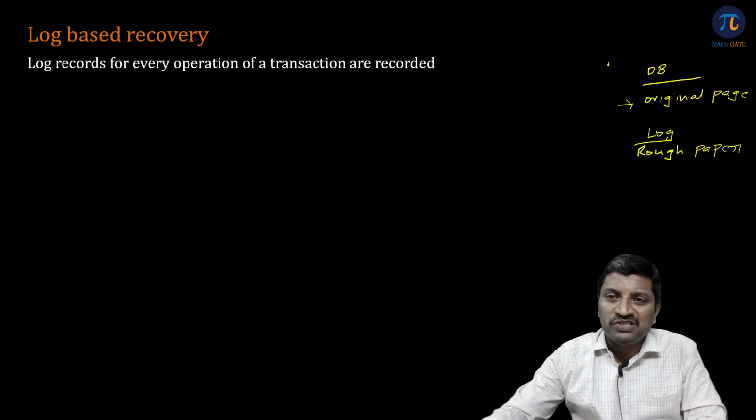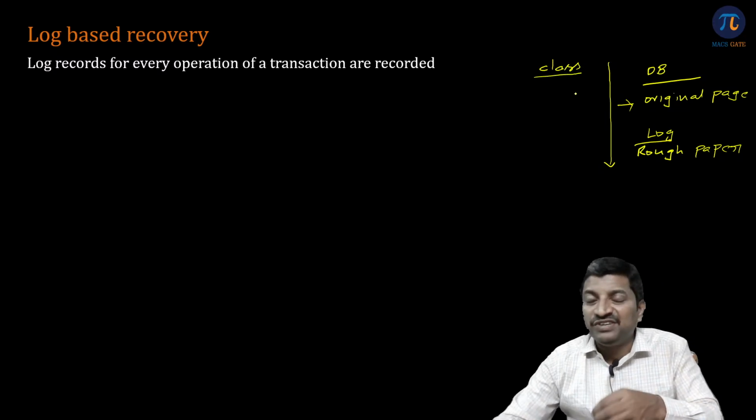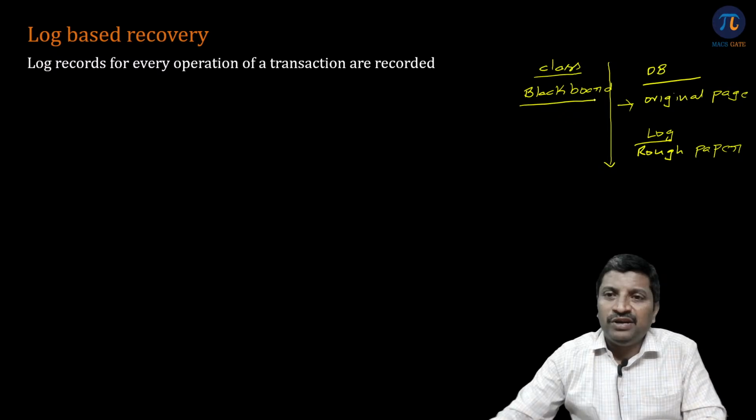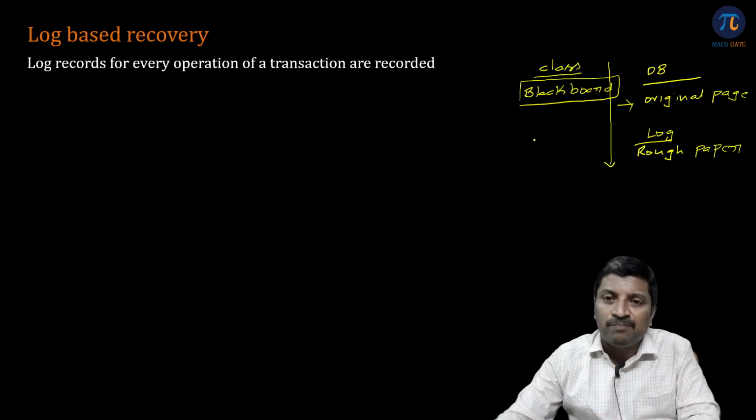The best example is, whenever you are taking a class, suppose it is the first time, what do you do, sir? You don't try directly on the blackboard. So the blackboard is the original page where I want to do my transactions. So before going to the class, the faculty will verify the work on a piece of paper.